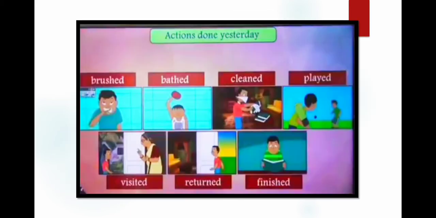Brushed, bathed, cleaned, played, visited, returned, finished. So all the verbs here are the ed form of the original or the base verb, and all these verbs which tell us about the actions done yesterday are in the simple past tense.